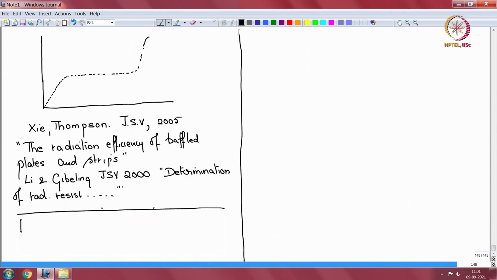So that is, we model now. We will model a radiating panel, a sound radiating panel, of course placed in a baffle, using monopoles.